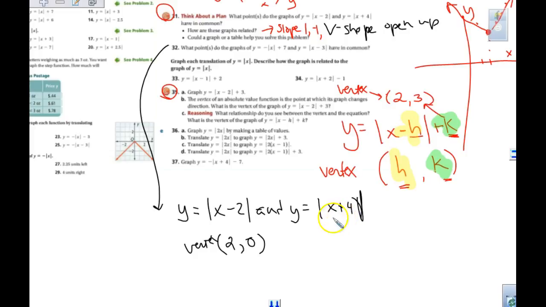This graph, thinking of that minus part, should have a vertex of (-4, 0). So I have one over here at positive 2 and one over here at negative 4, right? They're both V-shaped, they both have slopes of 1.